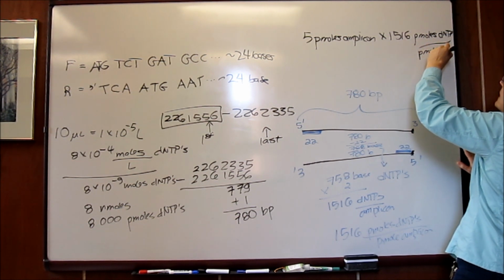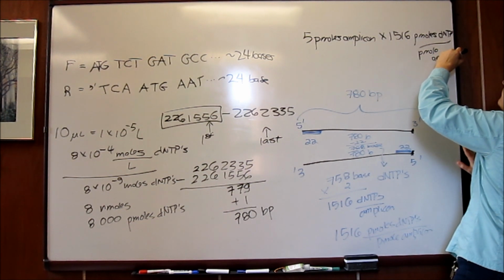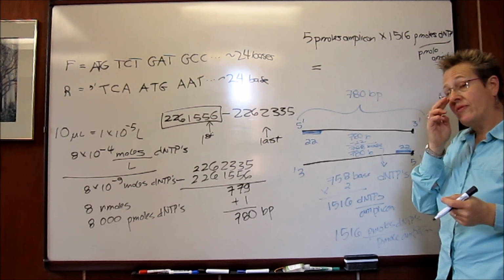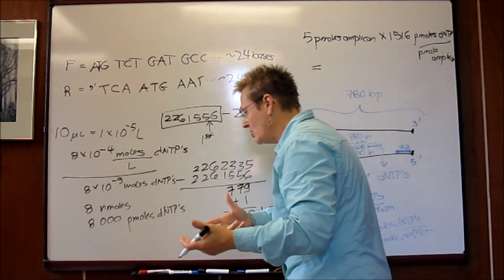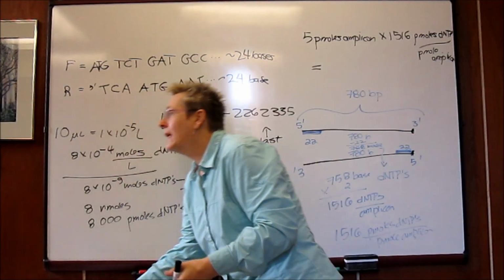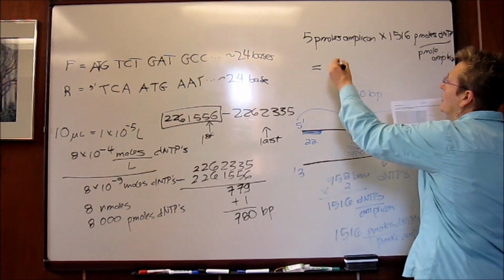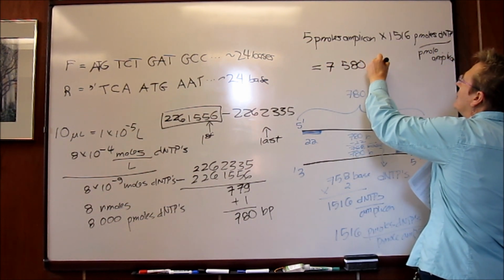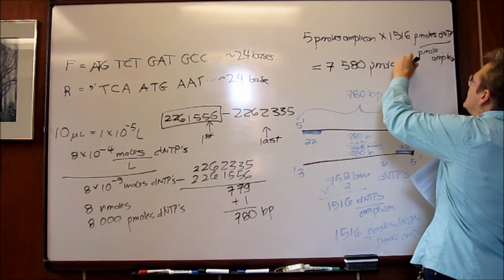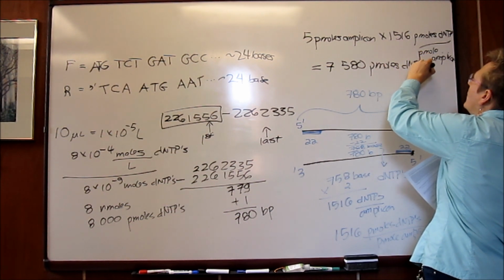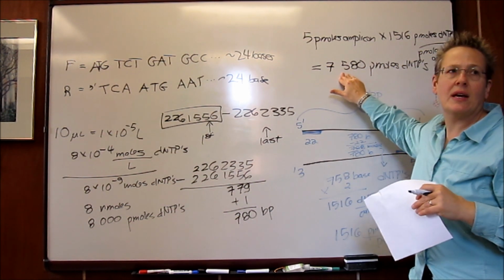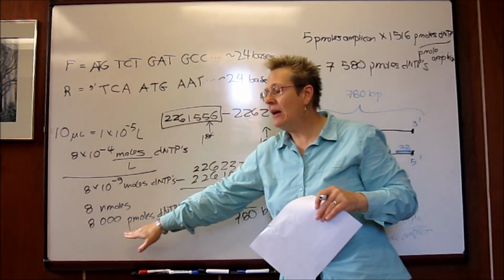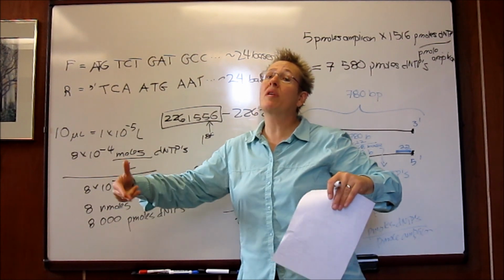Okay? So I can really easily figure out how many dNTPs it would take to make those 5 picomoles of primers into amplicon. And the number that we get there is 7,580 picomoles of dNTPs. To use up all the primers, I would need 7,580 picomoles of dNTPs. I have 8,000 picomoles of dNTP, so I have more than enough.